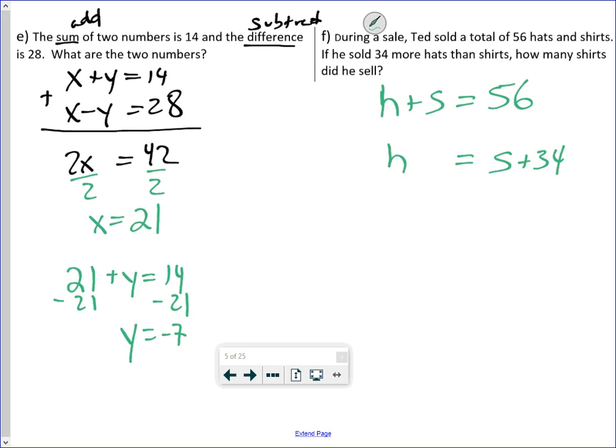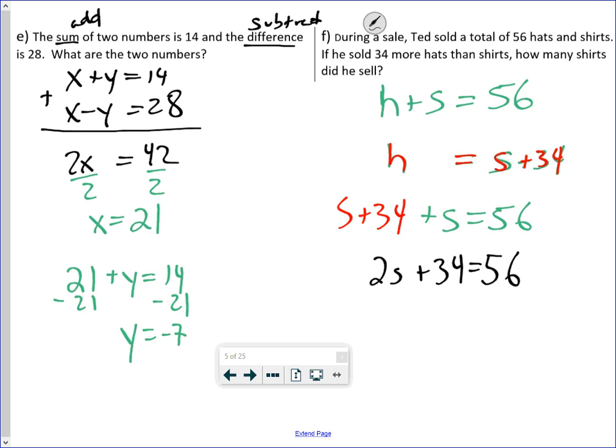So now I can use substitution. S plus 34. Actually, here, I'll color code this just so we're clear. So I will do S plus 34 plus S equals 56, or 2S plus 34 equals 56.